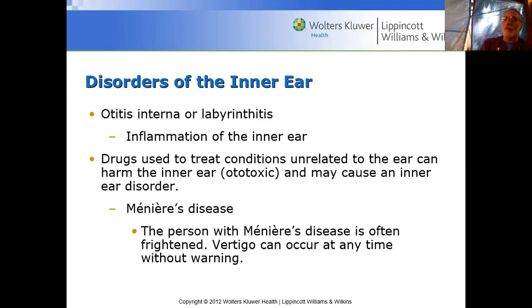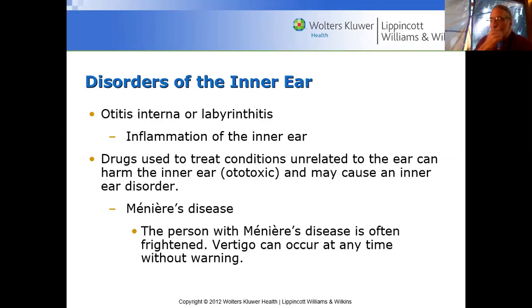Inner ear, otitis interna. So you see, we've gone from external ear, otitis externa, middle ear, inner ear, right? Otitis externa, otitis media, otitis interna. Right? Inflammation of the middle ear.